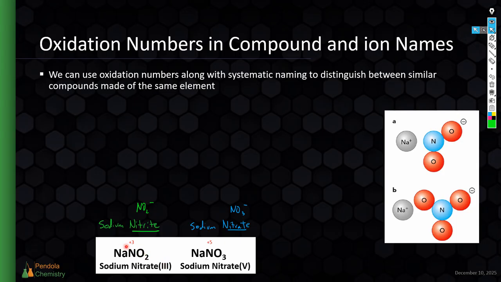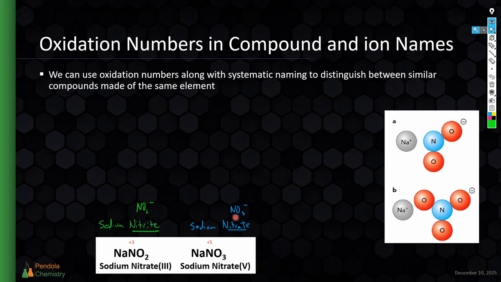Well, if this is part of the nitrate family, because it's a polyatomic ion with nitrogen and oxygen, the oxidation number here of the nitrogen is +3. So instead of calling this nitrite, we can call it nitrate 3, where 3 is the oxidation number of the nitrogen. And the sodium just comes from the cation being sodium.